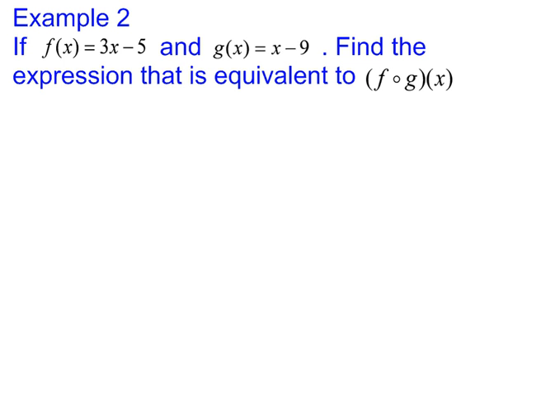Okay, so example 2. If f of x equals 3x minus 5 and g of x equals x minus 9, find the expression that is equivalent to f composed of g of x.